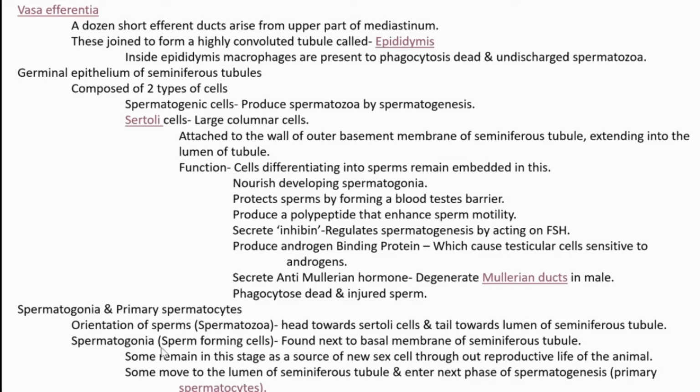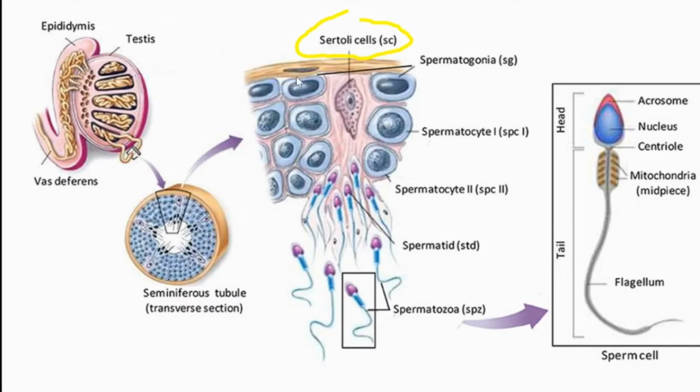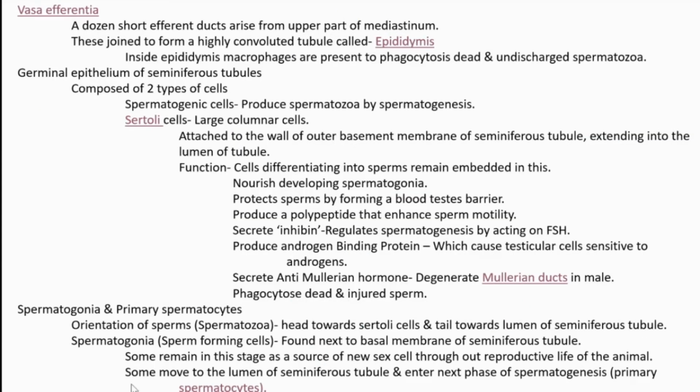Spermatogonia, the sperm forming cells, are found next to the basal membrane of the seminiferous tubule. Some remain in this stage as a source of new sex cells throughout the reproductive life of the animal.